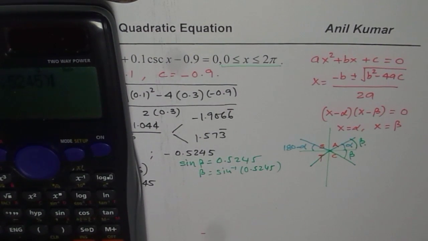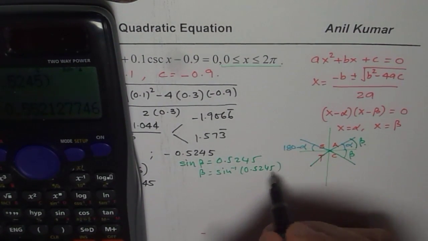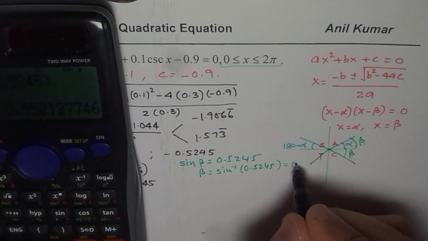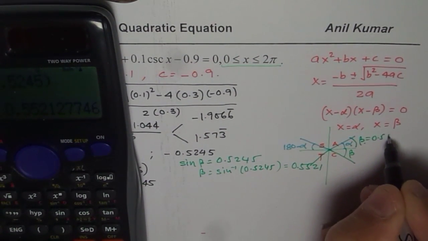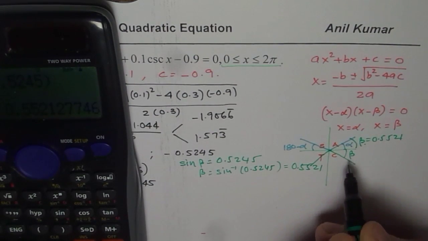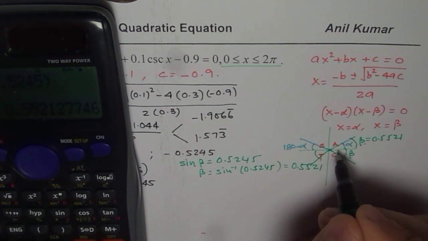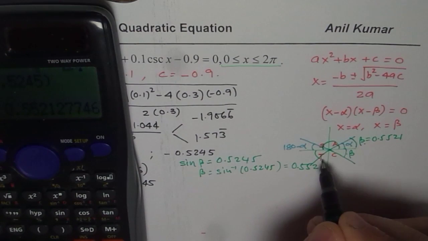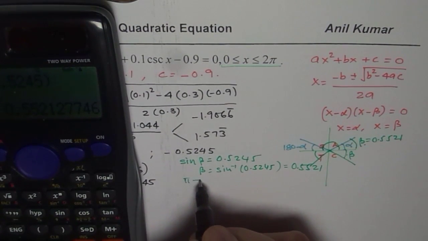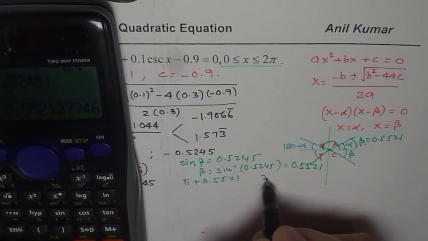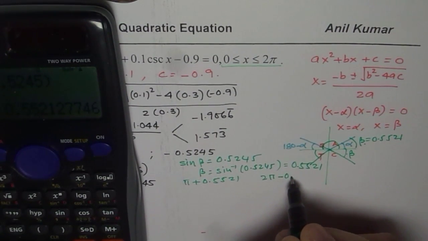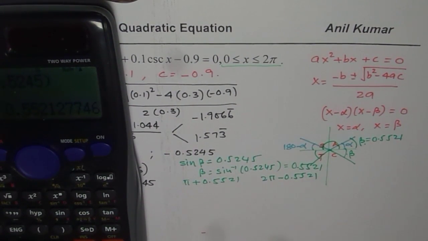We get beta equal to 0.5521. To get these two values, we have to add. So one answer is pi plus 0.5521. The other one is 2 pi minus 0.5521. So these are the two answers.